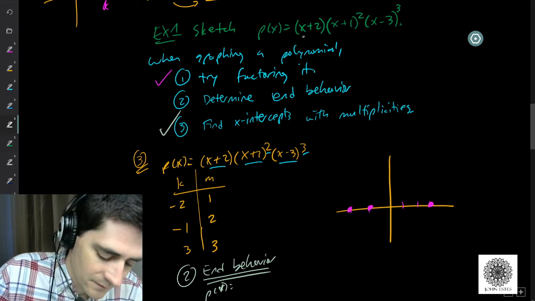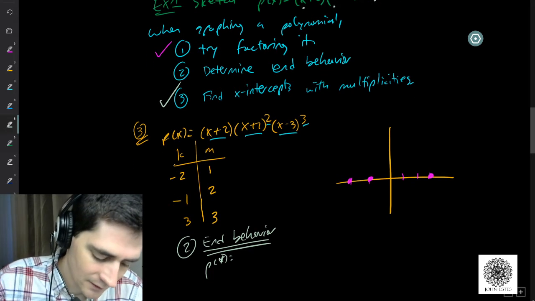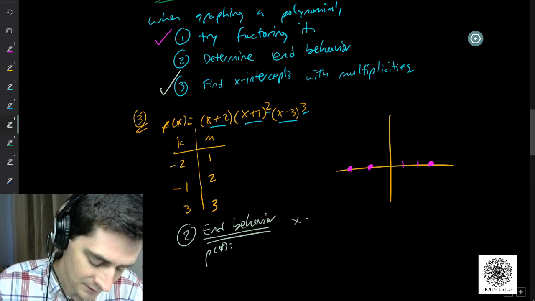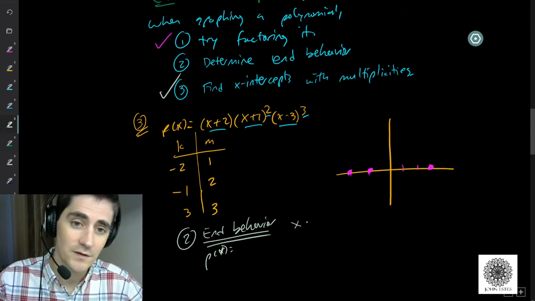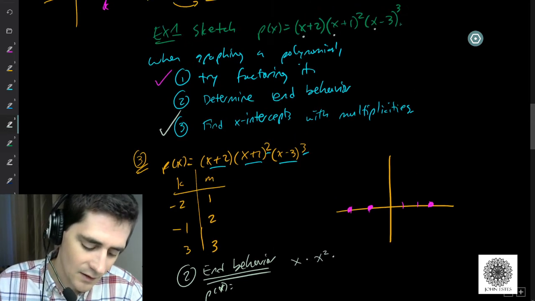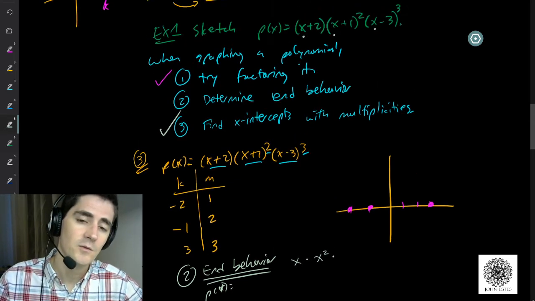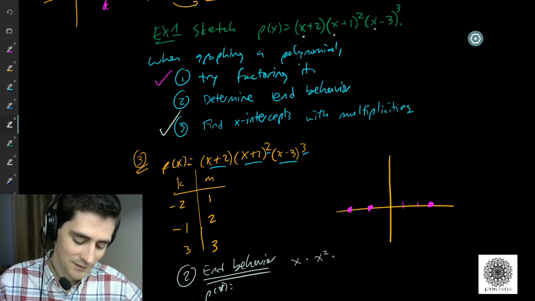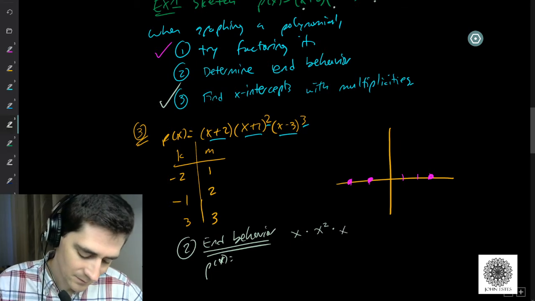So when I first do this, I'm going to multiply these first three terms together. I'm going to end up with an x. So I'll have an x times the x plus 1. Once I square that, the first term is going to be an x squared times the x minus 3 quantity cubed. When I cube that out, the very first term is going to be x times x times x, which is x cubed.